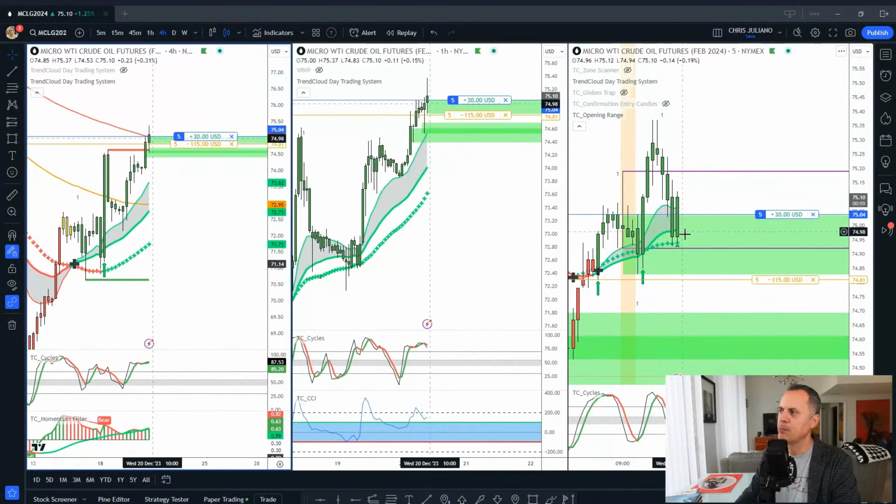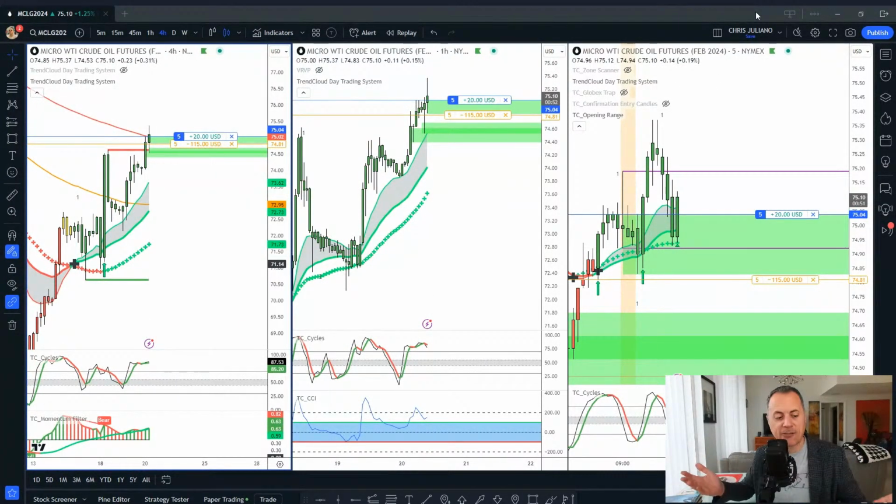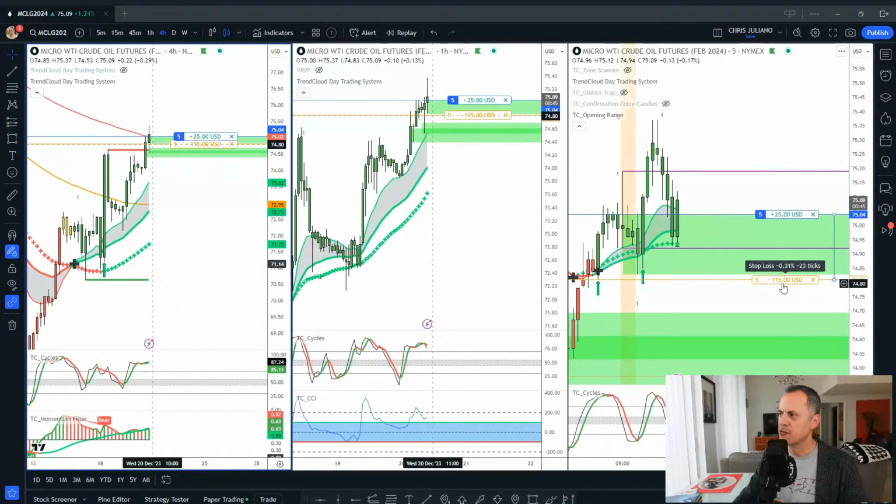So what happens? We pull back. Here's a demand zone. Here's a support level. Boom. It's working. As of right now, it's working. We had our risk right there, $115, less than 1% of our $20,000 account. Hurrah, hurrah. I love it when a plan comes together.